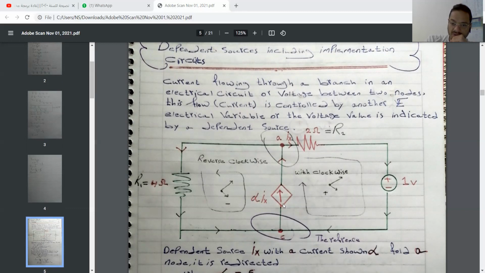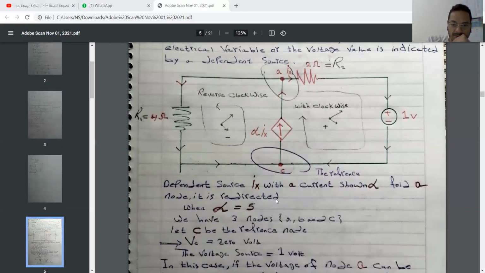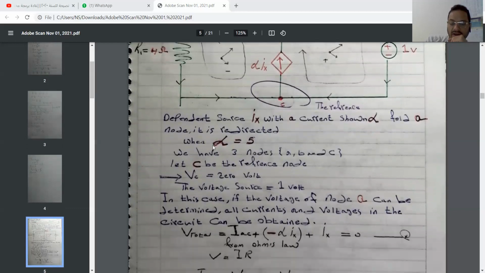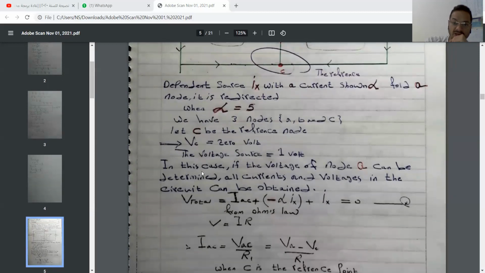We have 3 nodes, A, B, C, and C will be the reference point. That means we don't have any potential difference at this point. Alpha equals 5.